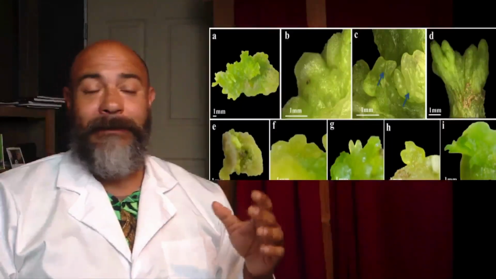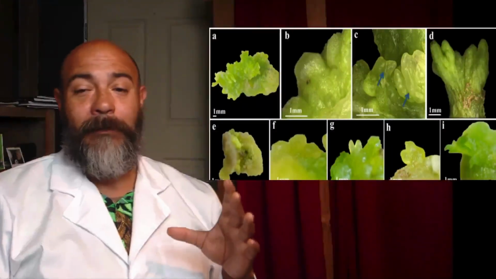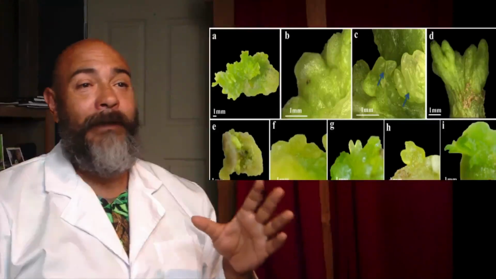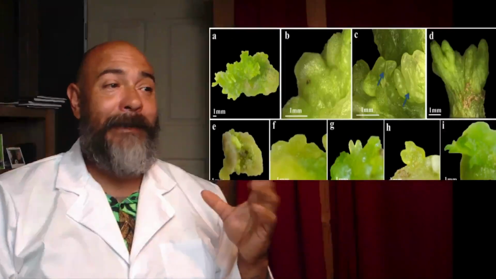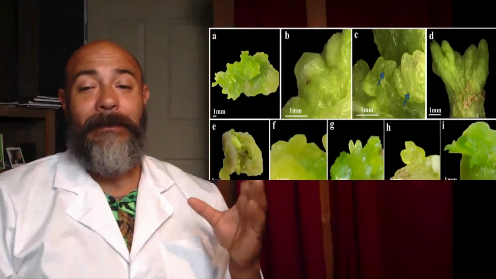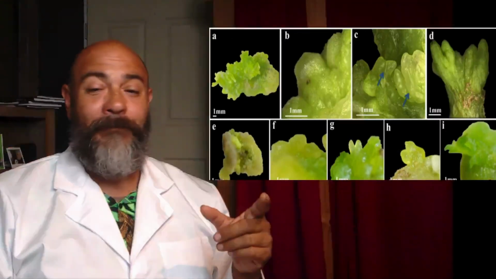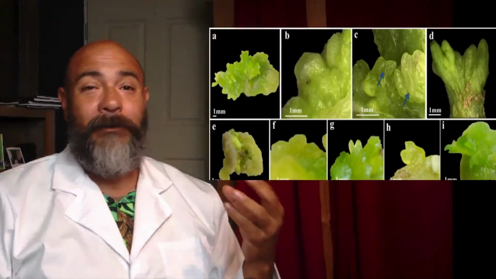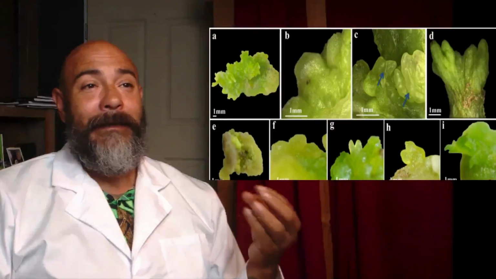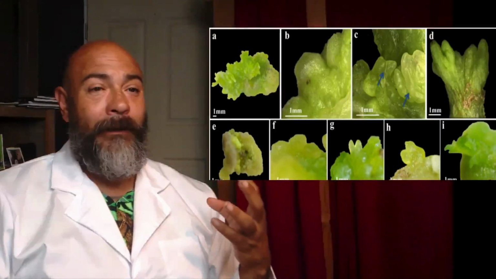So here is a little closer to a visual representation of what the actual stages look like, going from the callus tissue to the photo B, you're seeing the globular formation. In C, it's beginning to swell.